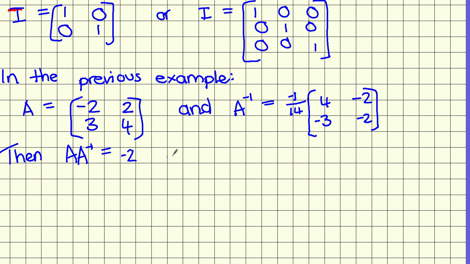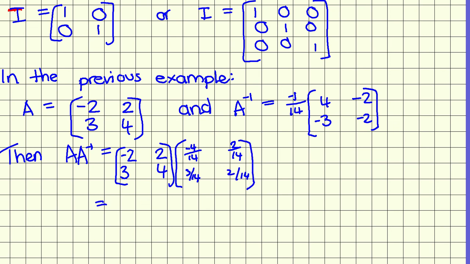So if we have A, which is 2, 2, 3, 4, and the inverse of A, multiply it through by negative 1 over 14. That gives me negative 4 over 14, which is negative 2 over 7, and then 2 over 14, and then 3 over 14, and then 2 over 14.